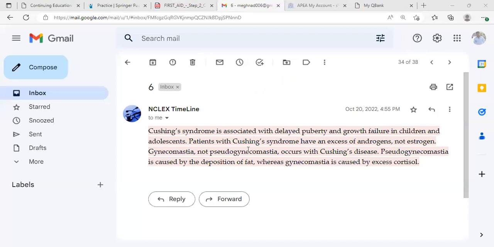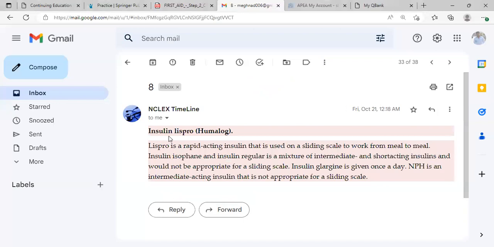What next? Next here is about one of the insulins called insulin lispro. Lispro is a rapid acting insulin that is used on a sliding scale to work from meal to meal.